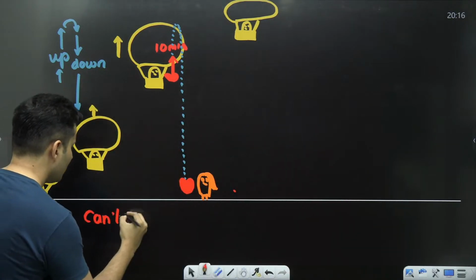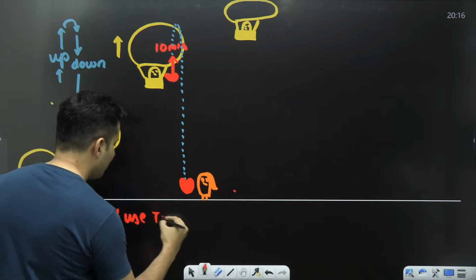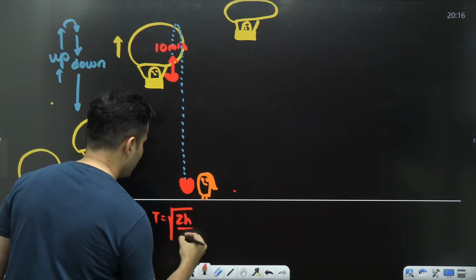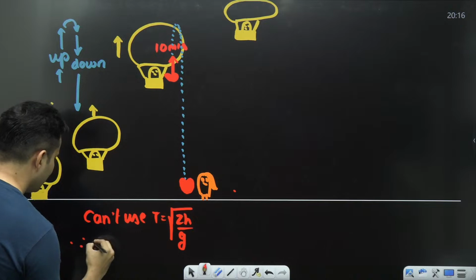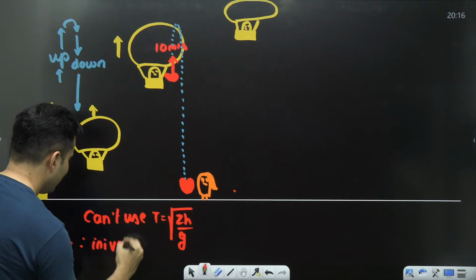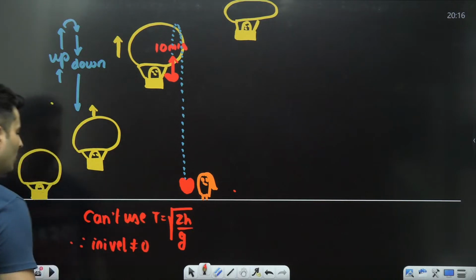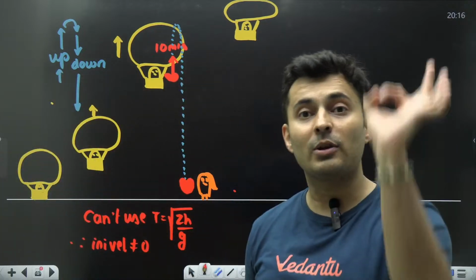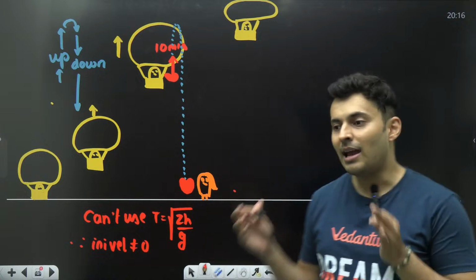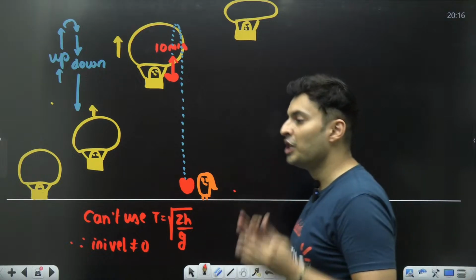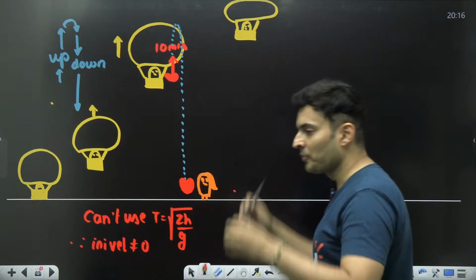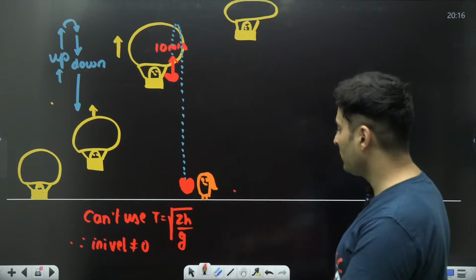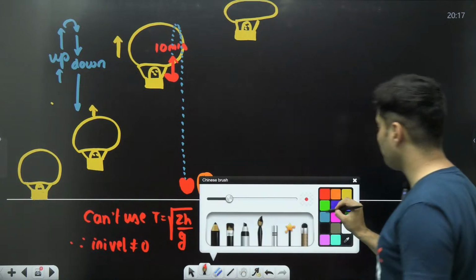Can't use time is root of 2h by g, since initial velocity is not zero. He has not dropped from the Earth's perspective, only from his own perspective, and he himself is in motion. So the apple or the stone or whatever the object is also is in initial motion.